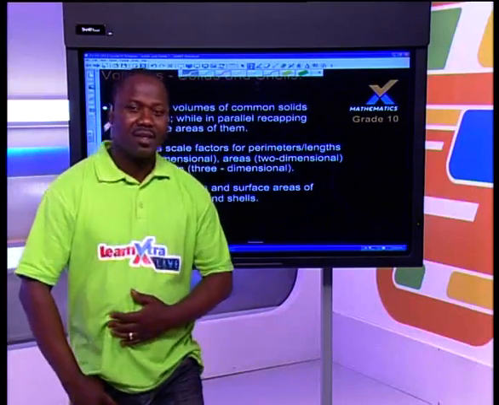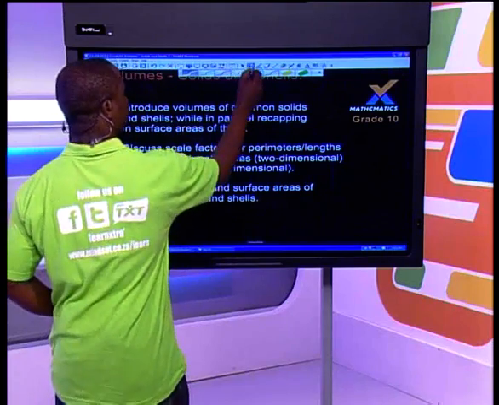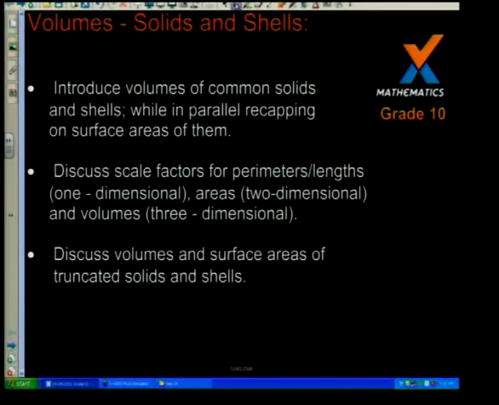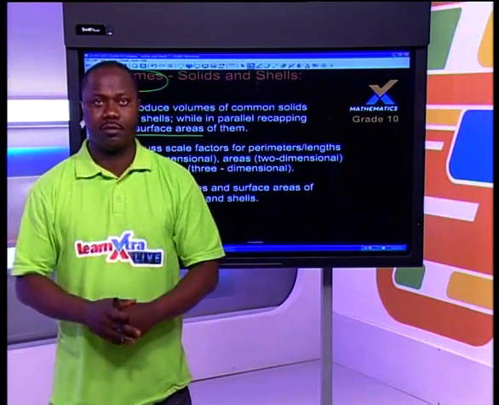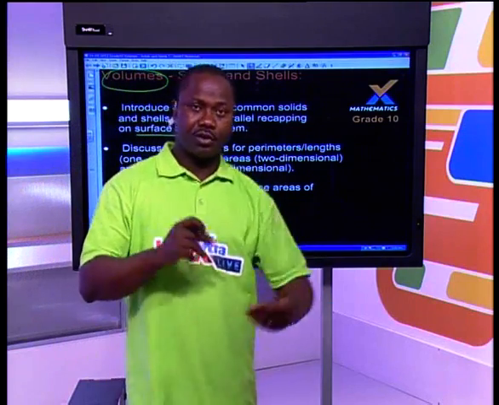Thank you, Ty. Greetings to our viewers out there. Today we're doing solids, their volumes, and I'll also make sure that we recap on their surface areas. Our common solids are typically the prism, the pyramid, and the sphere, or some of the other regular polyhedrons.